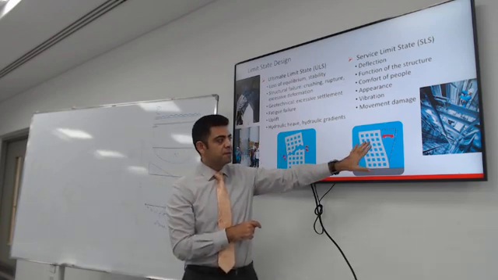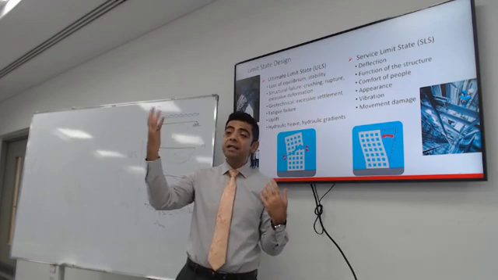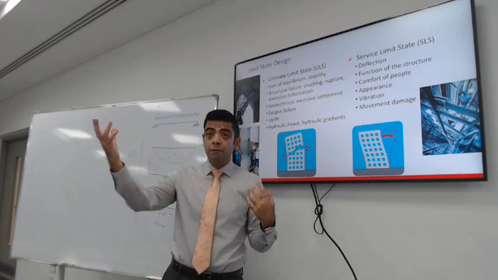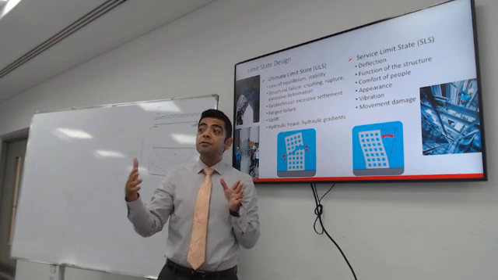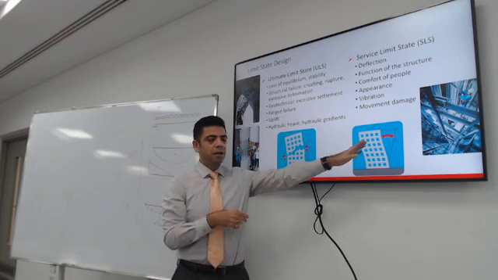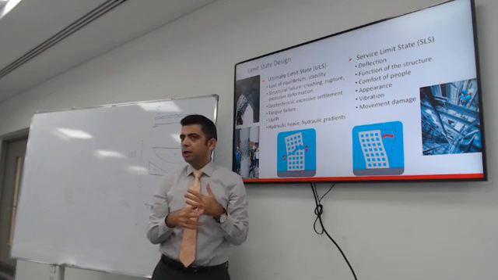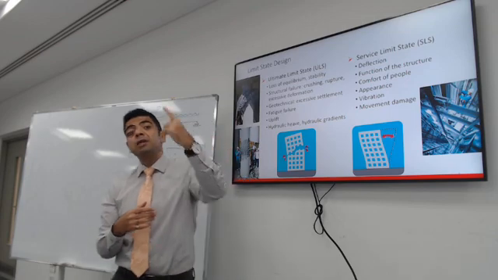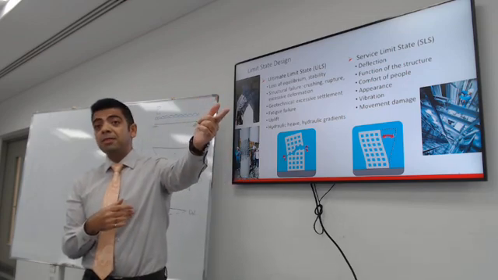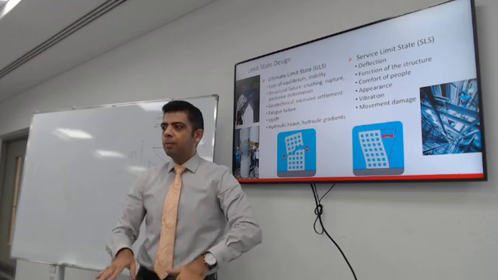The service limit state mainly has to do with deformations. If it's windy outside, if there's very high speed winds, is the structure going to move sideways in a noticeable way? Are we going to feel uncomfortable with the shaking of the building because of wind? Or if the next room there is a gym and they're having a very hyperactive class, are we going to feel their vibration here?